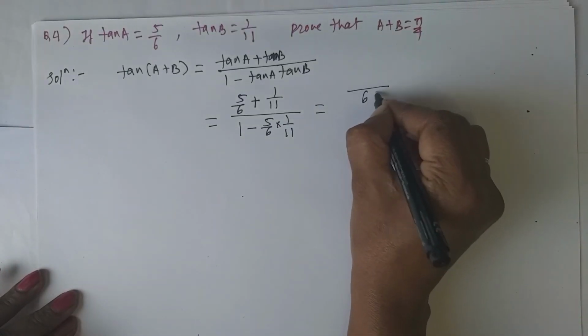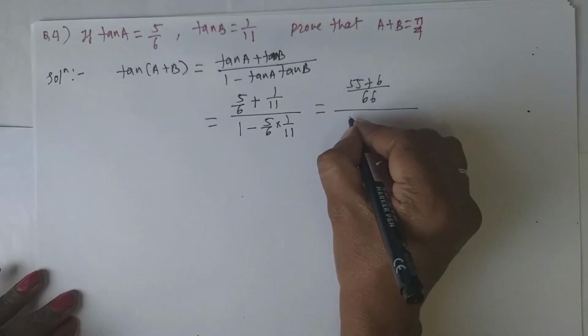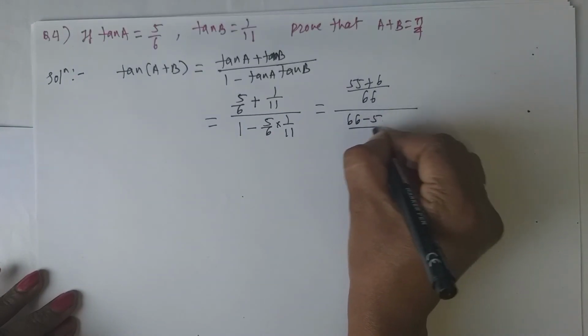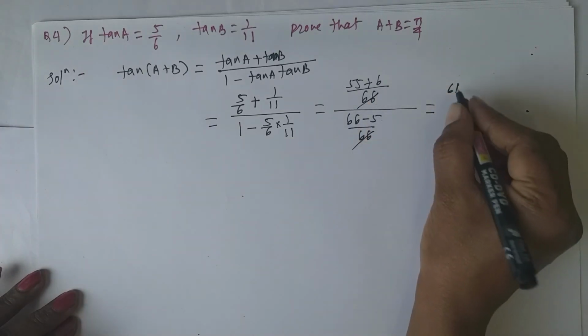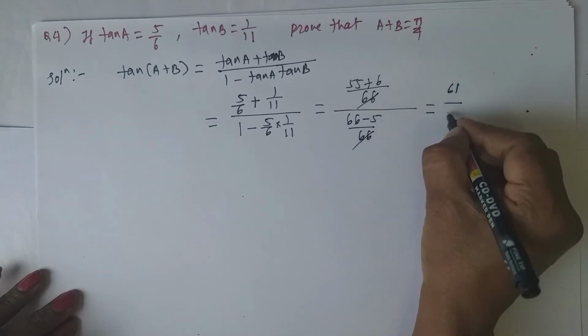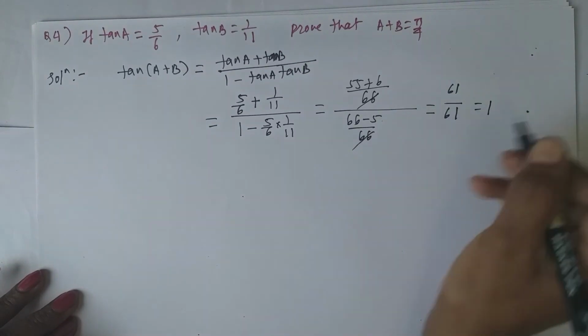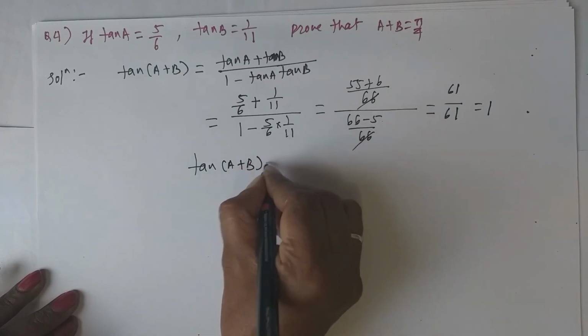Take the LCM. This is 66. 55 plus 6, and here 66 minus 5, divided by 66. This 66 will get cancelled, and here 55 plus 6 will be 61, and 66 minus 5 will be 61. This will be 1. Means we have got here tan(A+B) is equal to 1.